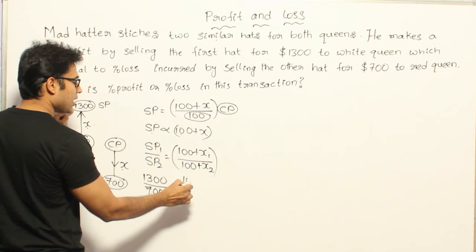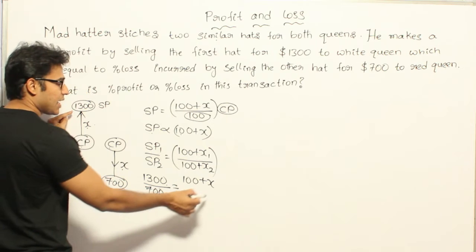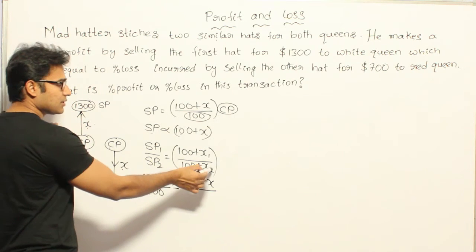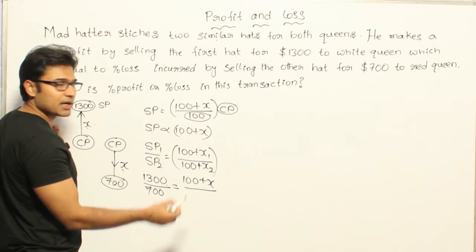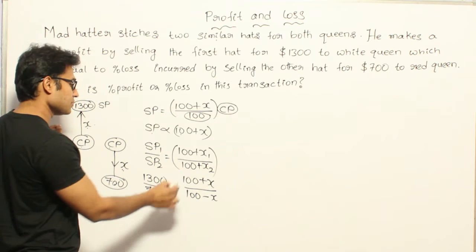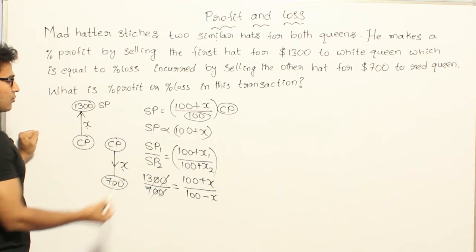For 1300 there is a profit, therefore 100 plus X, and for 700 there is a loss, so since we assumed profit, I have to write 100 minus the loss percentage. Now you can just compute it.